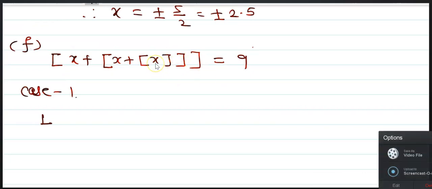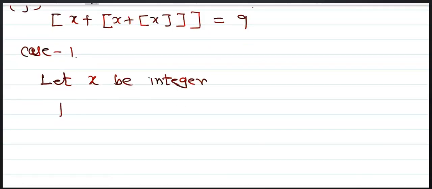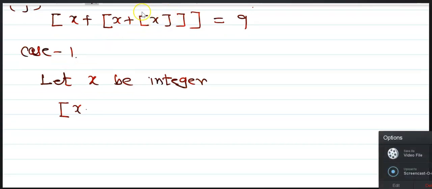Then we treat the integral part of x as x. Therefore, every time we write it, in this case x is an integer, so the integral part of x we write as x. Then we will get 2x. Then again the integral part of 2x is 2x, plus x, and we get 3x in this way.